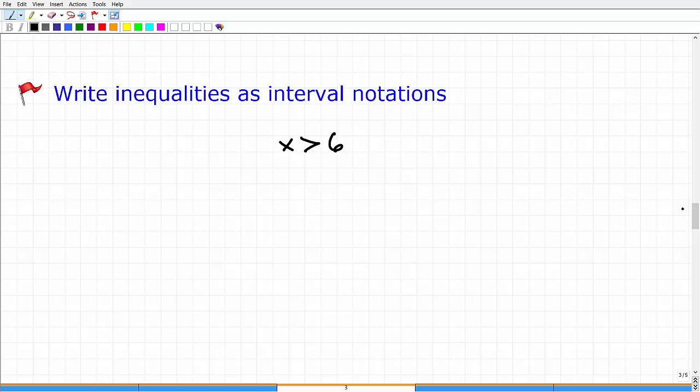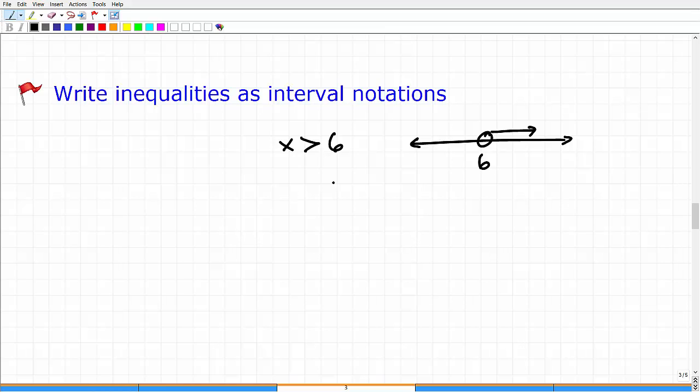So let's write this inequality using interval notation. One way to do this, until you get the hang of it, and you may not need to do this, is just think of a number line. If I was to put this on a number line, this is all numbers that are greater than 6. So I would have 6 here, going this direction, and this would be an open circle because it's not including 6.